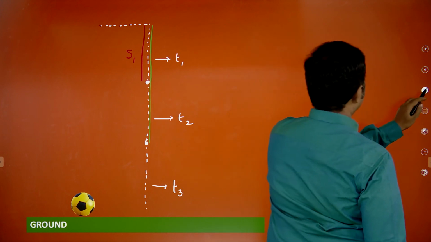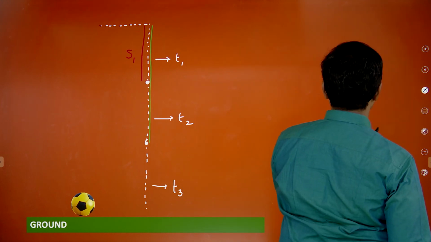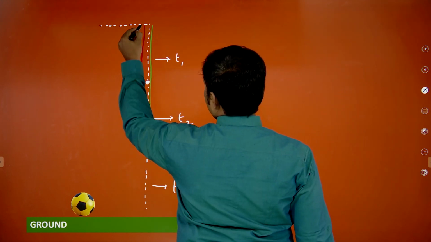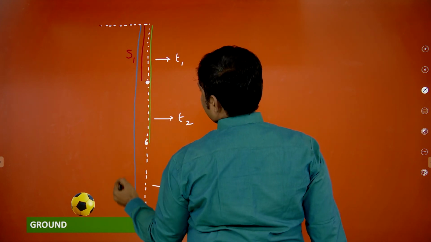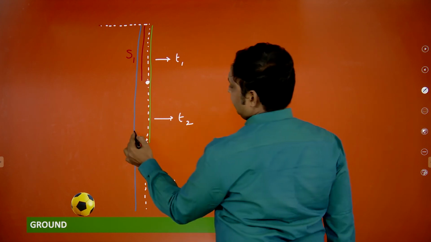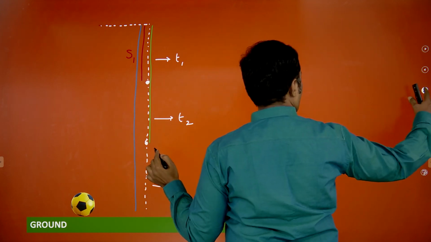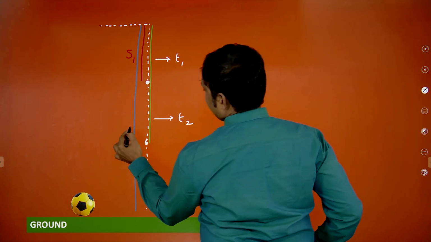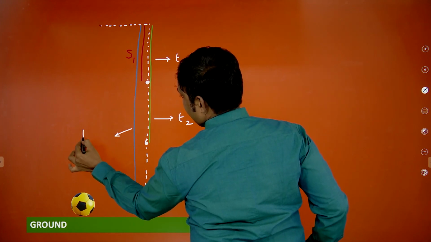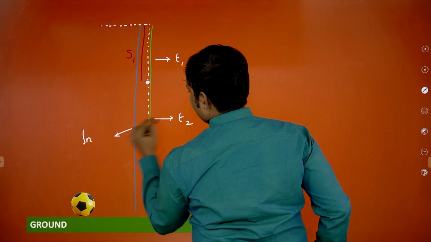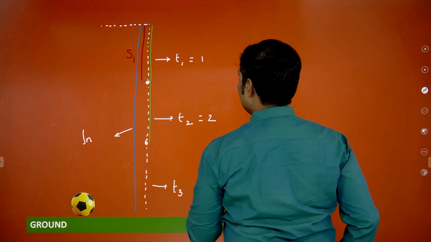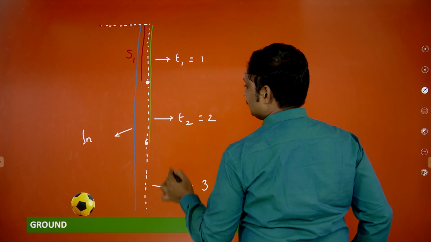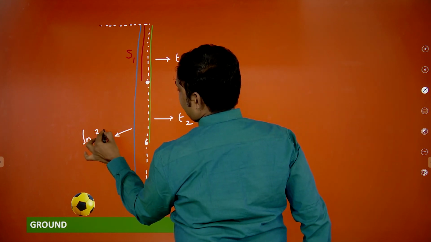If you are going to take that in another time, yes, you have to take that. In 3 seconds. You can take that T1 is equal to 1, T2 is equal to 2, T3 is equal to 3 in 3 seconds.